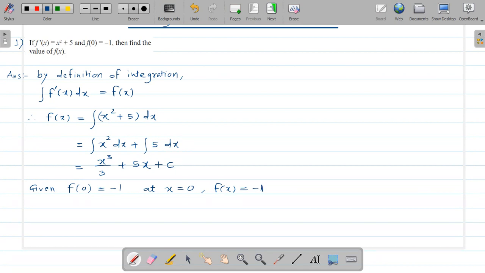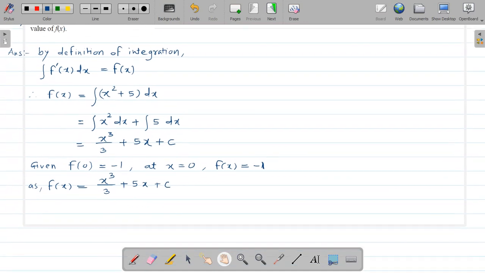So see the meaning of this: f of 0 equals minus 1 means at the point x equals 0, in the function if you put the value of x as 0, then f of x becomes minus 1. Now what is your f of x? f of x is equal to x cube upon 3 plus 5x plus c.